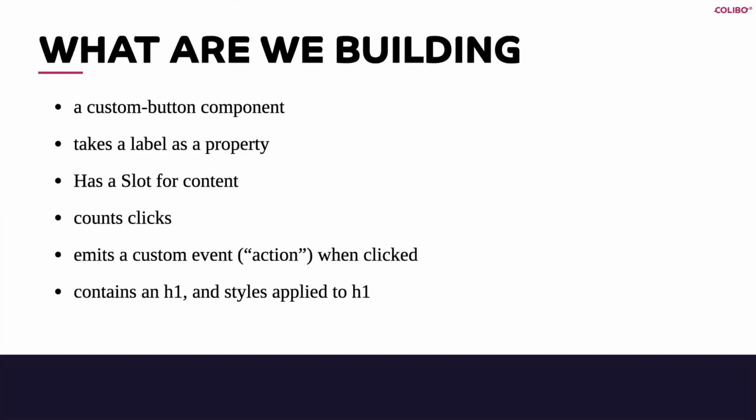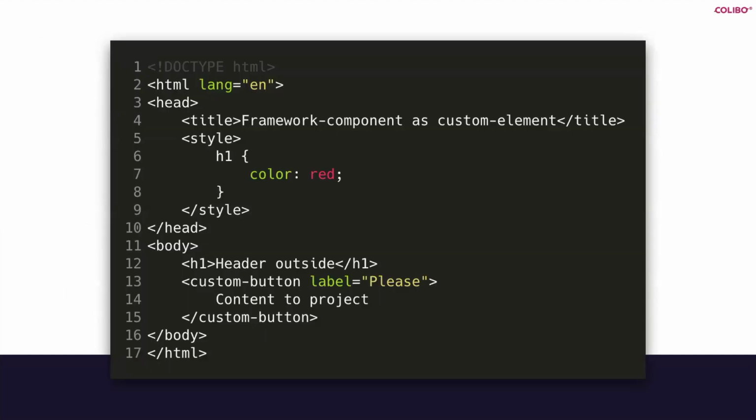And then we're going to have some local H1 styles and some global H1 styles, and we're going to see that they don't collide with each other. So that's what we'll build. So we'll use it like this. We'll have the H1 on the outside that should be red, and then we'll put our custom button in with some content inside of it, and that should show you how it works.